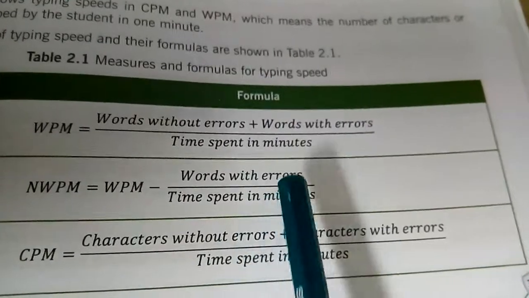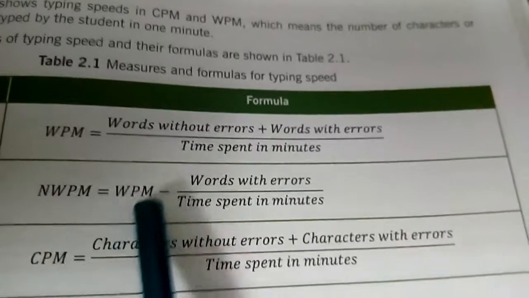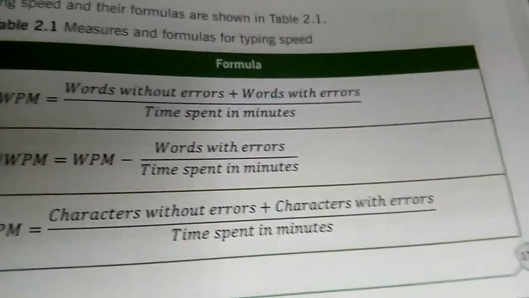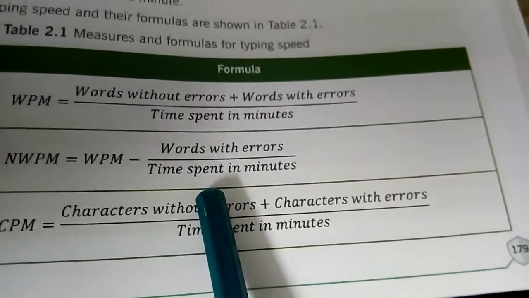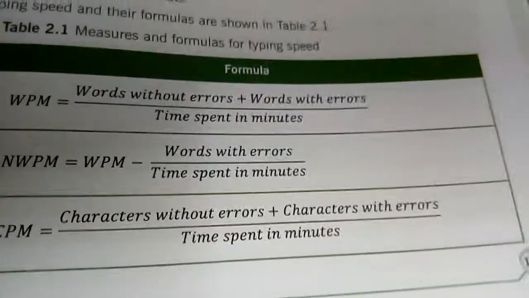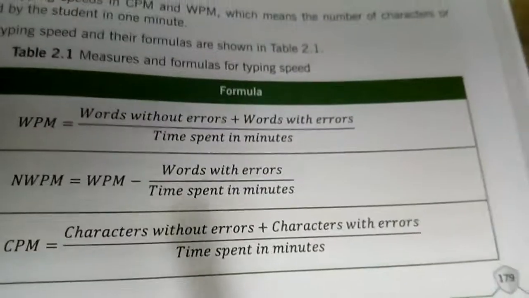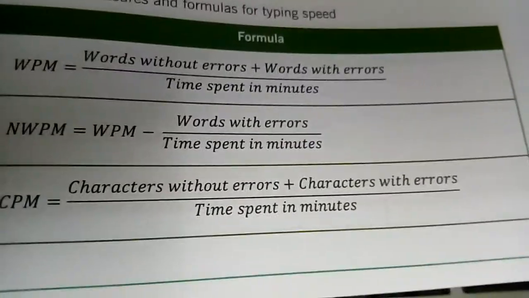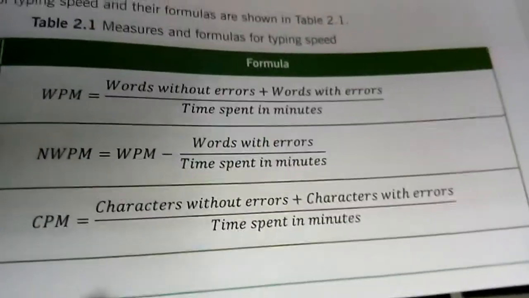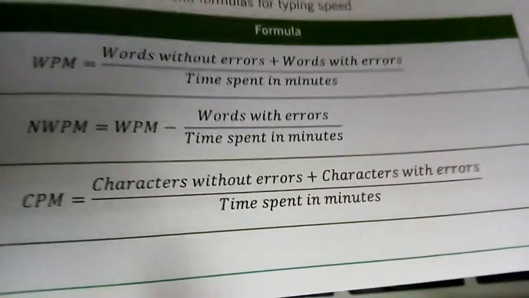Suppose 5 words you have done with error, with mistakes. So here 2 minus 5 divided by, suppose time spent in minutes 10. So 5 divided by 10. So this is 2 minus 5 divided by 10. So this will be calculated and that will be your net words per minute, right? Your speed will be like this.